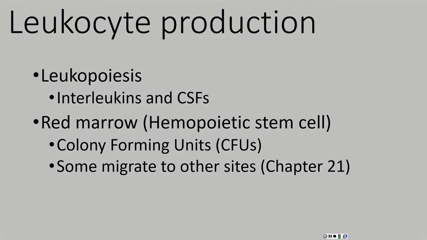Let's look at leukocyte production. Leukocyte production is called leukopoiesis. Remember, erythrocyte production was called erythropoiesis, and whole blood production was called hematopoiesis. But leukopoiesis is specifically the production of white blood cells, leukocytes.